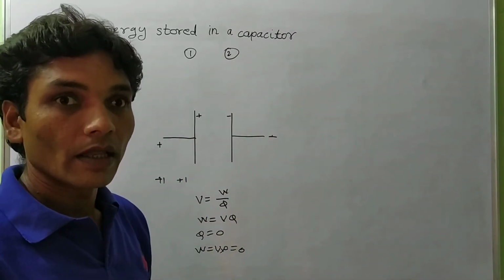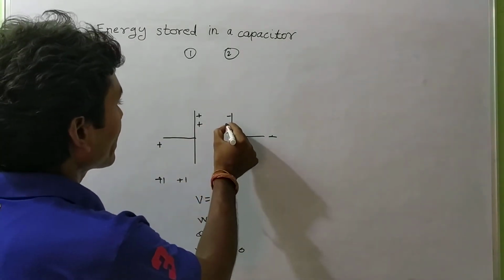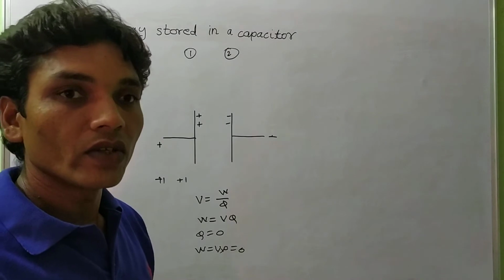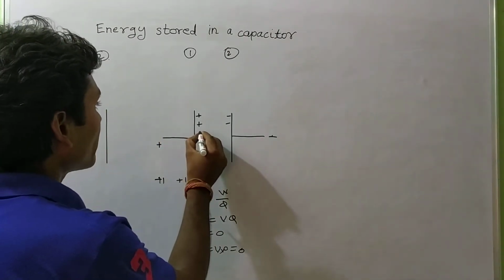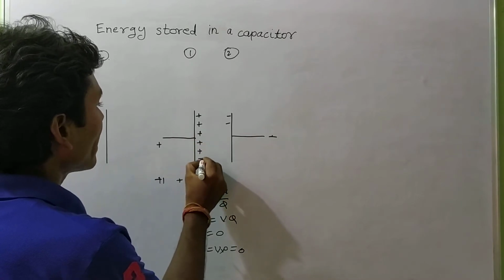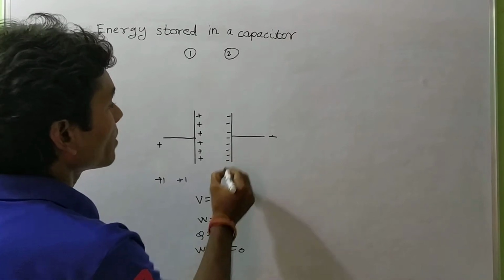We can apply the third bit, fourth bit, fifth bit, and so on. By induction, negative charge will be induced here.